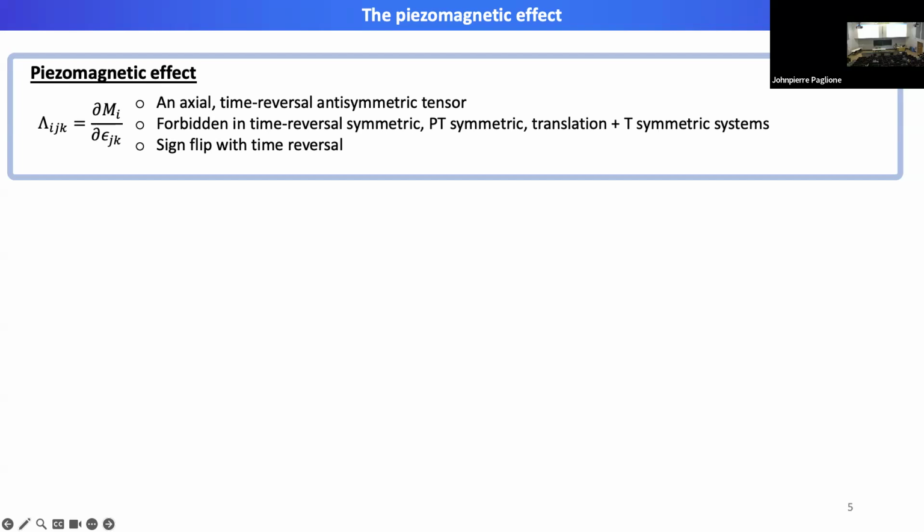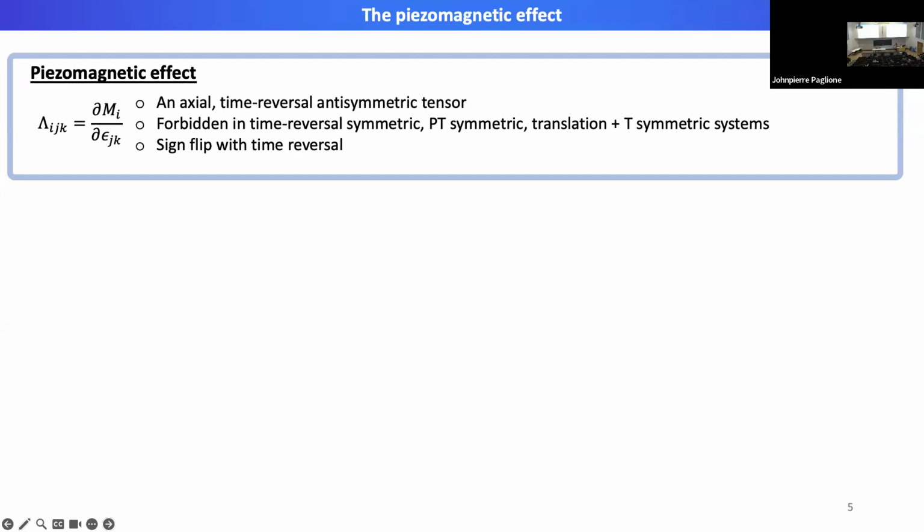And this again comes from the property of M under time reversal symmetry. Additionally, it will also be forbidden in systems that have the combined inversion and time reversal symmetry, which we denote as PT here. And also it's forbidden in systems that have a combined time reversal and translation symmetry.